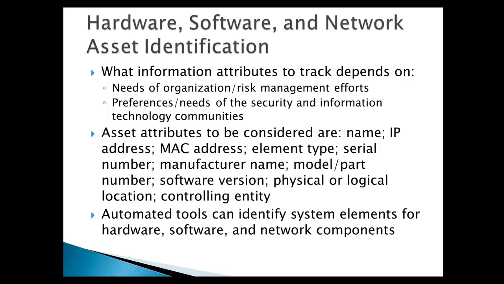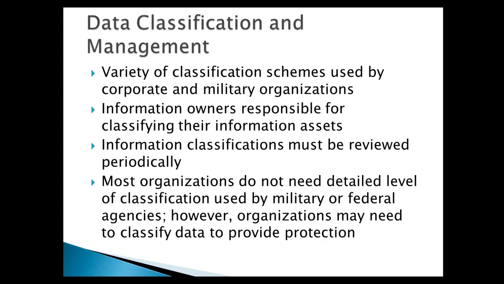Any way that you do it, once created and stored, the inventory list must be kept current, and often you will want to do it on a frequent basis, especially if you have mobile technology involved in your network that moves from place to place or location to location. You're going to want to make sure you keep a current list.